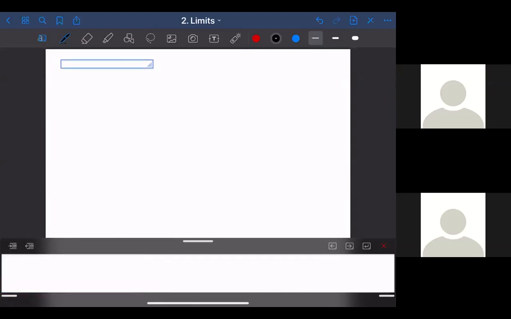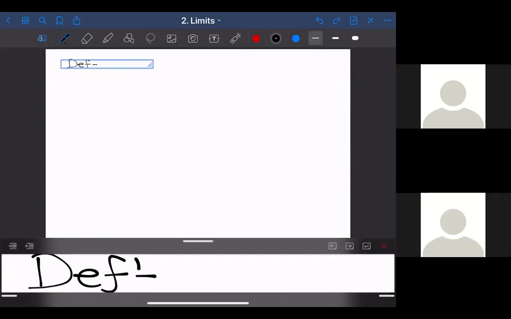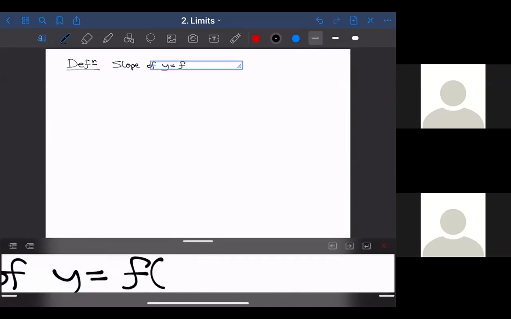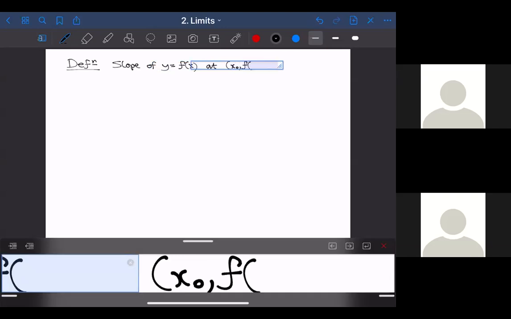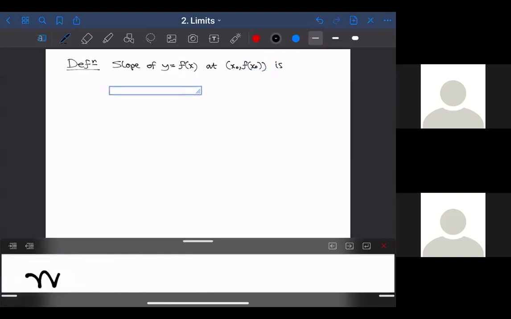Okay, so a bit of review, because we've covered quite a lot quite quickly in the last few classes. The slope of a graph y equals f(x) at a point x0, f(x0) is, well, we called it m, and it was given by a limit.